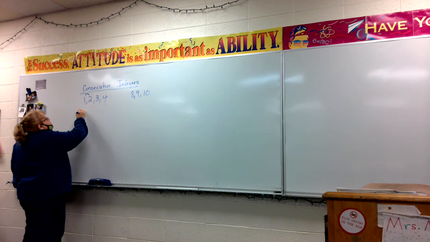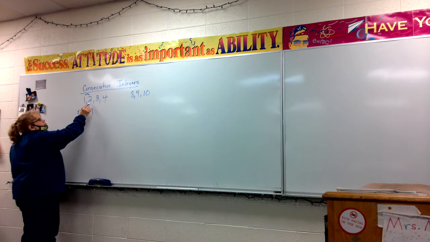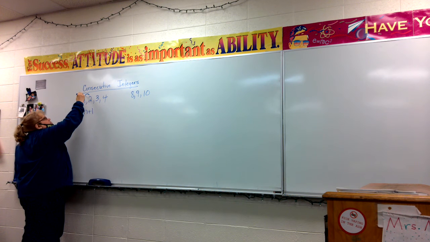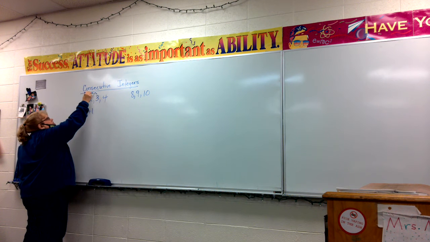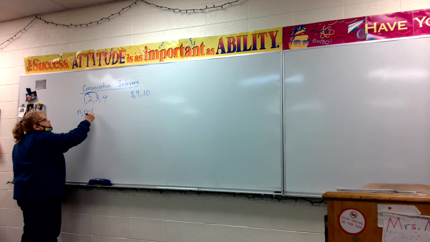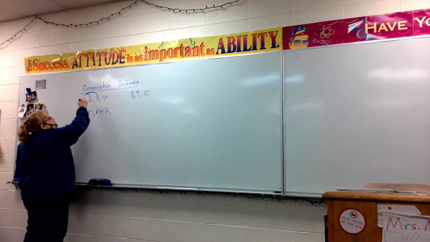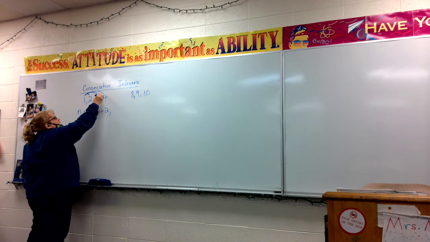So if I let the first one be n, the next one is n plus 1. How do I get from the first to the third? What do you have to add to 1 to get 3? What do you have to add to 1 to get 4?